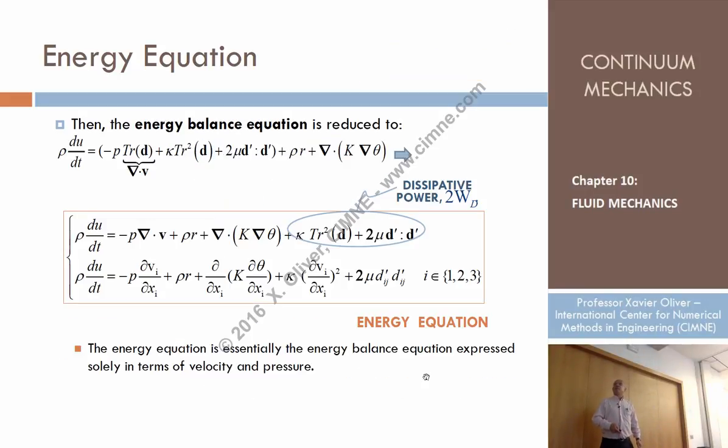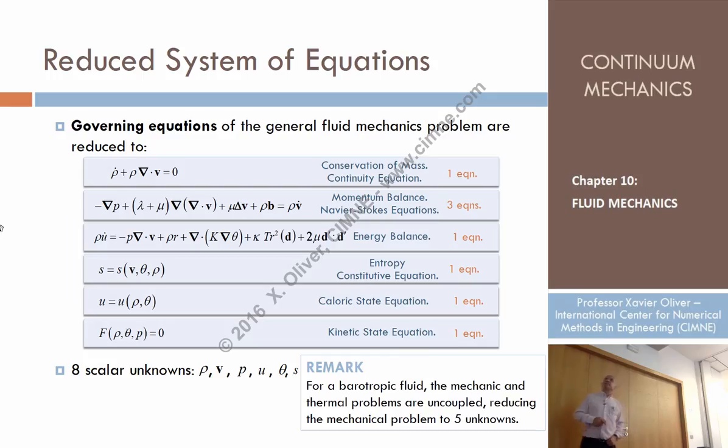So finally we have this equation here, and that is what is called the energy equation. Look that the energy equation now is written just in terms of the velocity, the pressure, and the temperature. There are three variables involved here, and the internal energy, sorry, four variables, okay? So that is the energy equation, but now written in terms of the velocity, the temperature and the internal energy.